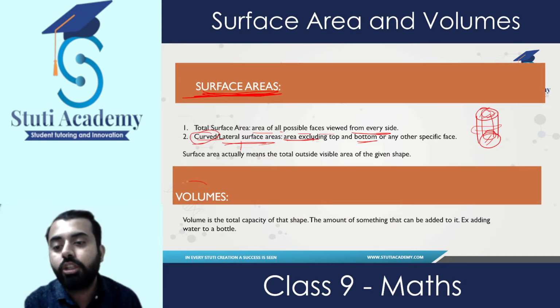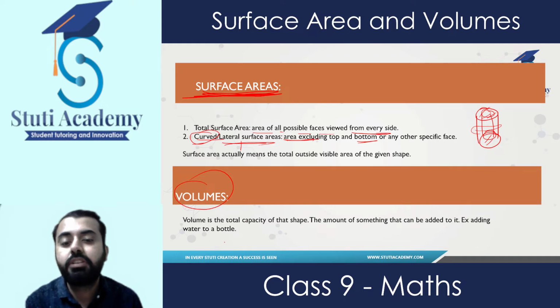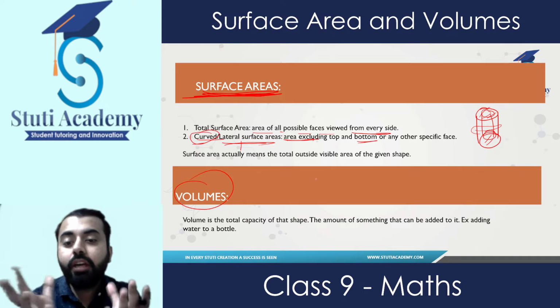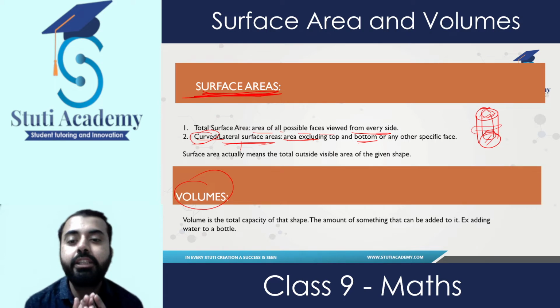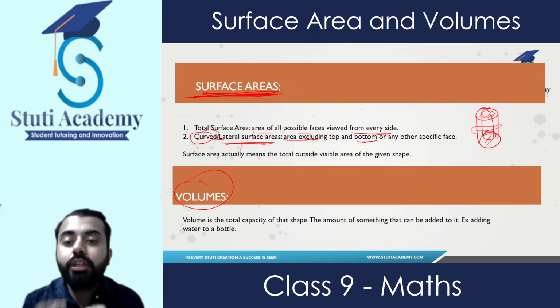Let's see our volumes. Volume is the total capacity. If I have a room, you guys can fill your rooms with clothes, furniture, and air is already occupied in that. Anything that can hold something in it, that must be volume.